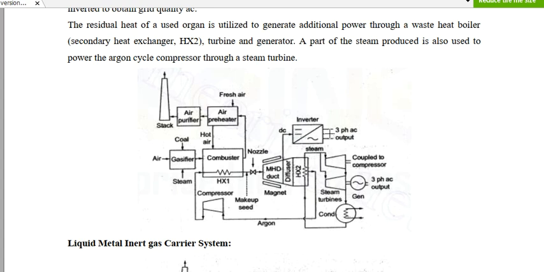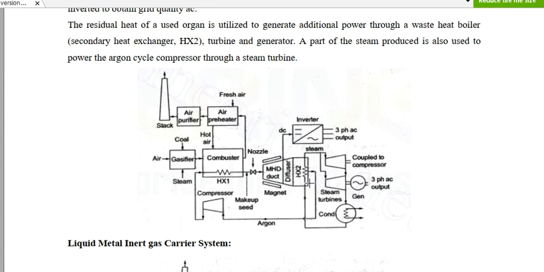Here we can see that the steam formation is also a closed cycle system, because the condensed water or working fluid is again and again converted to steam, and it does not leave the system.